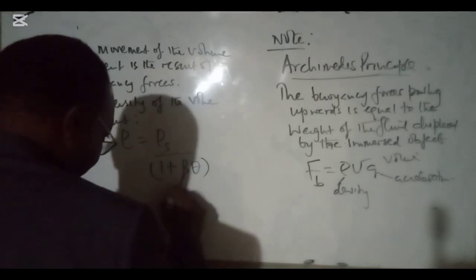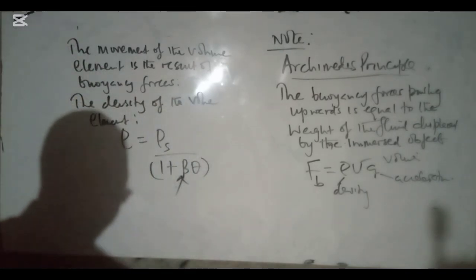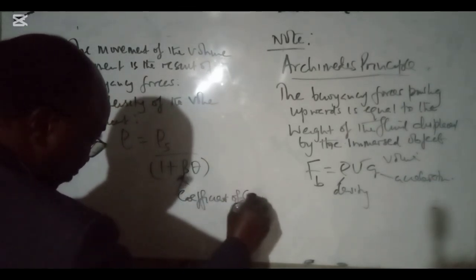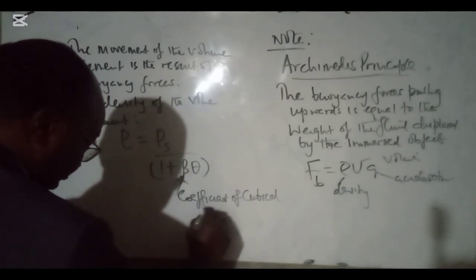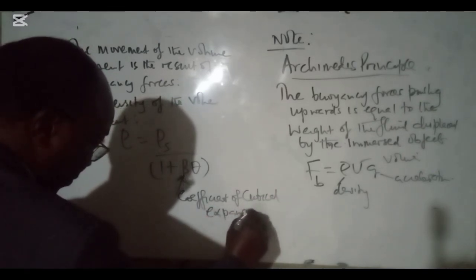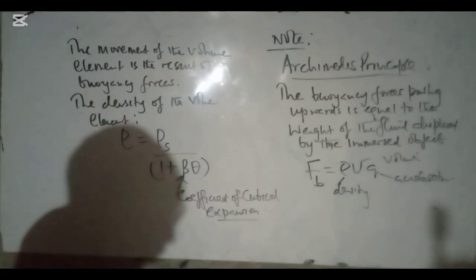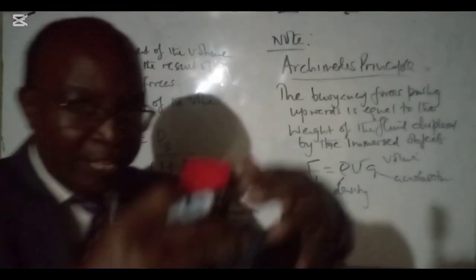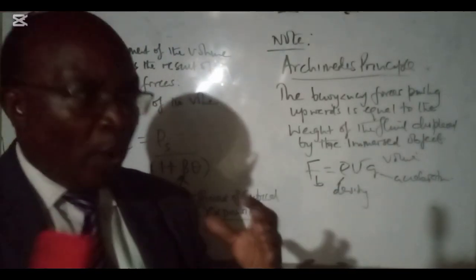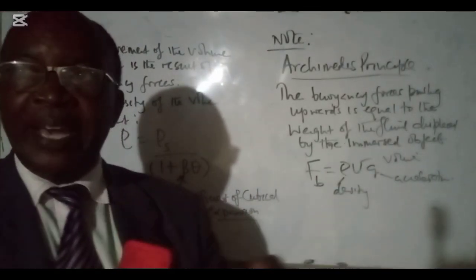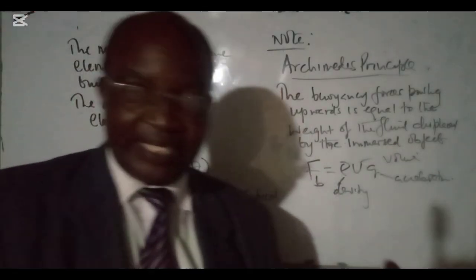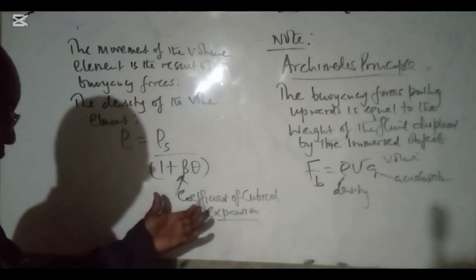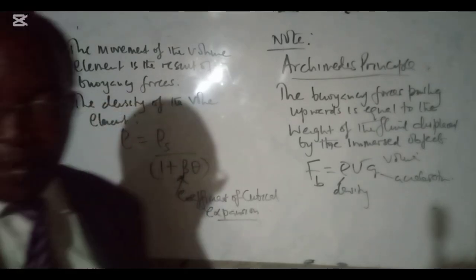And this beta here is the coefficient of cubical expansion. What does that mean? In simple terms, we have a unit volume. When you raise the temperature by a unit amount, that increase in volume is what we refer to as the coefficient of cubical expansion.